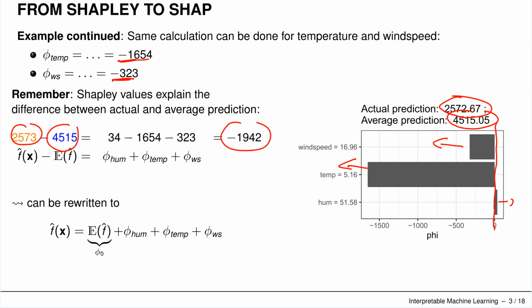And these are exactly the 3 Shapley values. And now we can rewrite that to have the prediction of the observation on the left-hand side, and we move the expected value to the right-hand side, and we can also call it phi 0. And we'll use that formulation for the SHAP values.